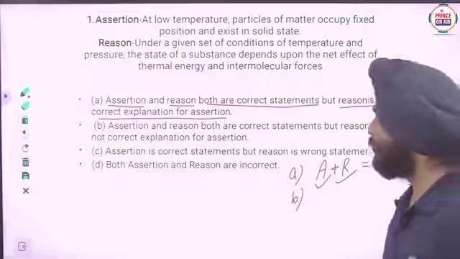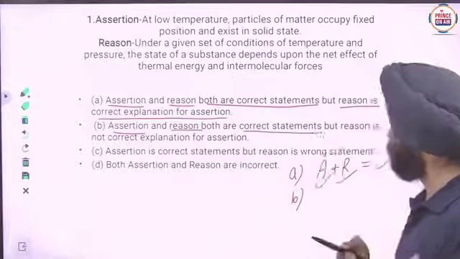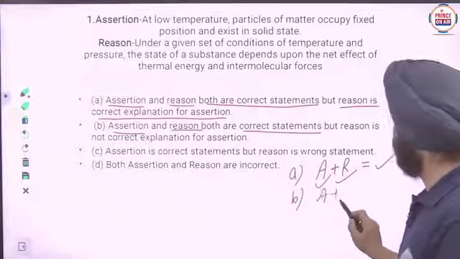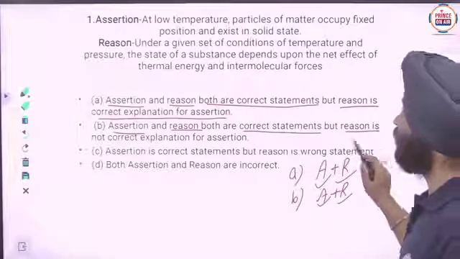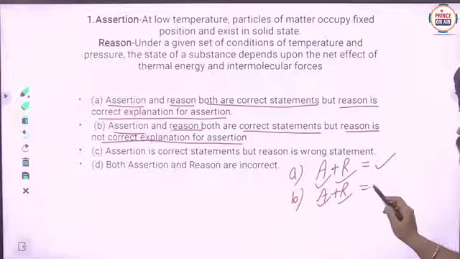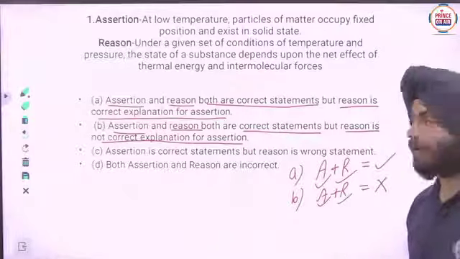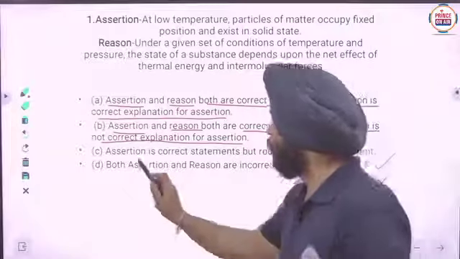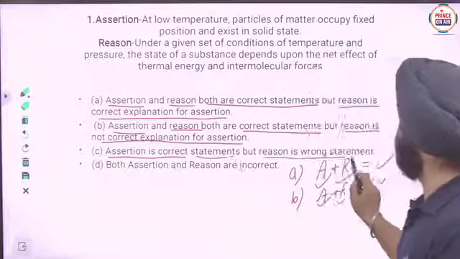Clear? Now, option C: assertion and reason are both correct statements, but the reason is not the correct explanation of the assertion. Then, assertion is a correct statement, but the reason is a wrong statement.